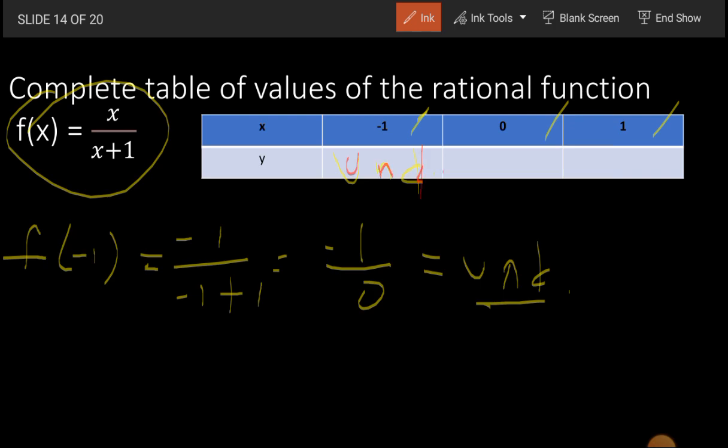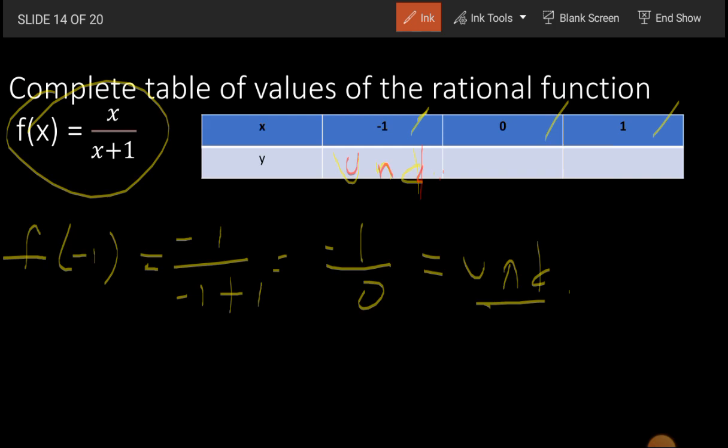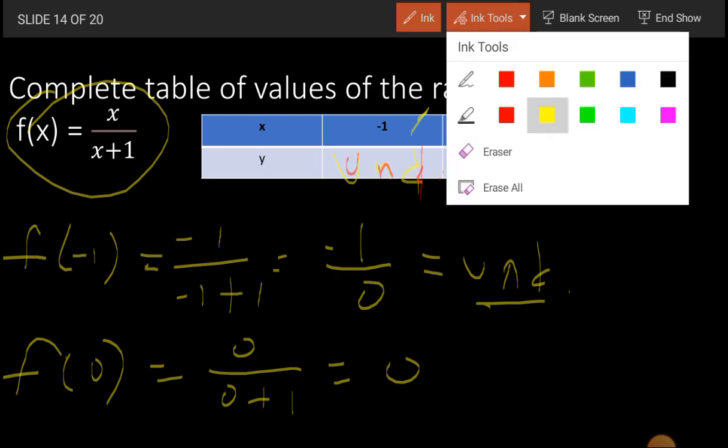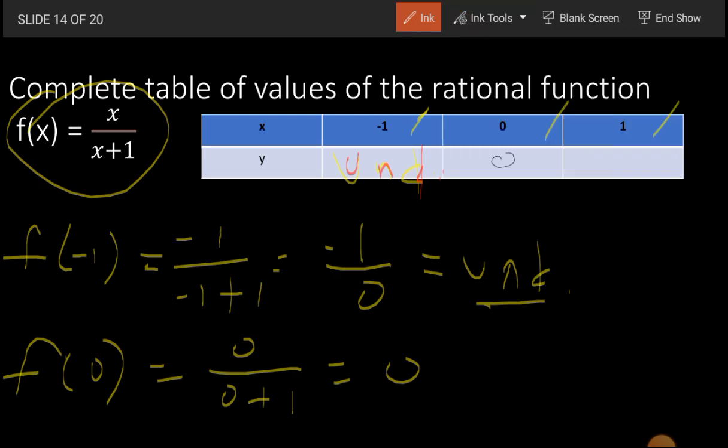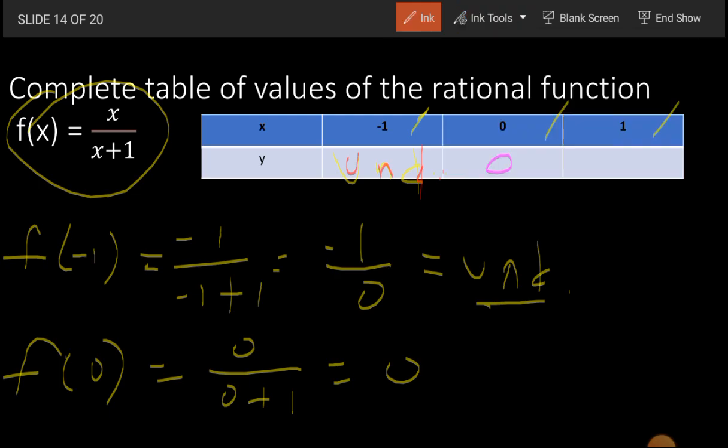Undefined. We just have to abbreviate it as UND for undefined. Next, if x equals 0, then we have f of 0 equals 0 over 0 plus 1, which is 0. So we have another value here for y, or f of x, as 0.